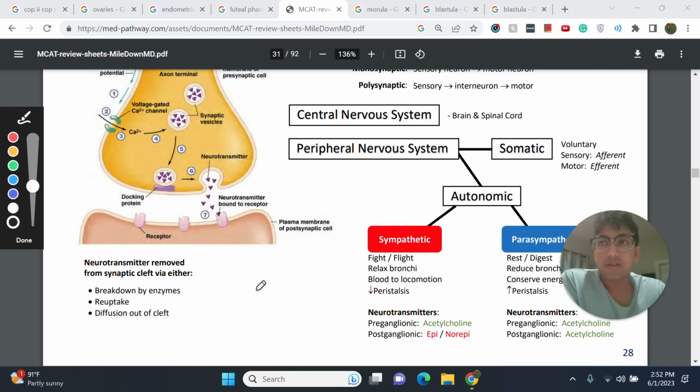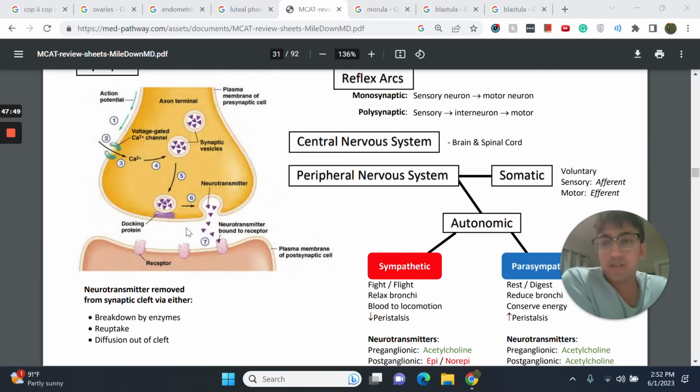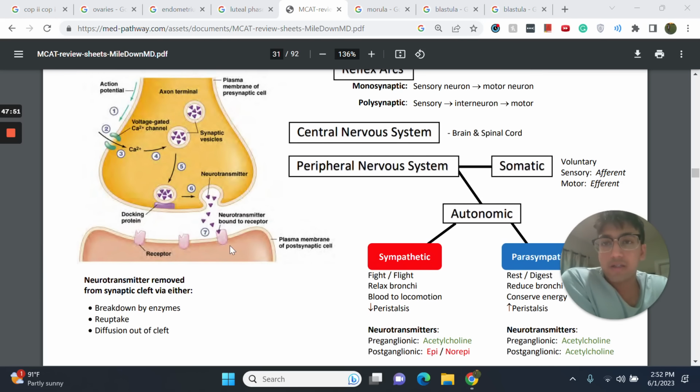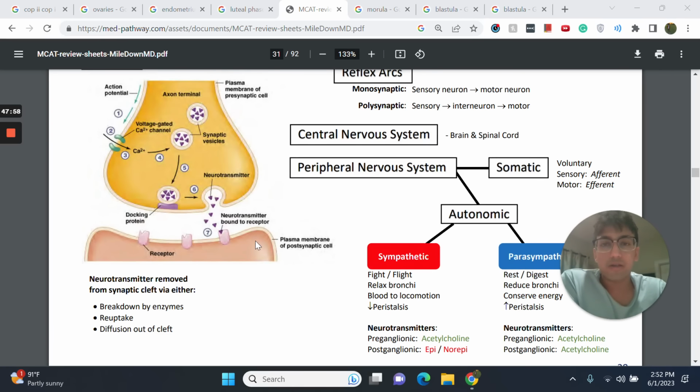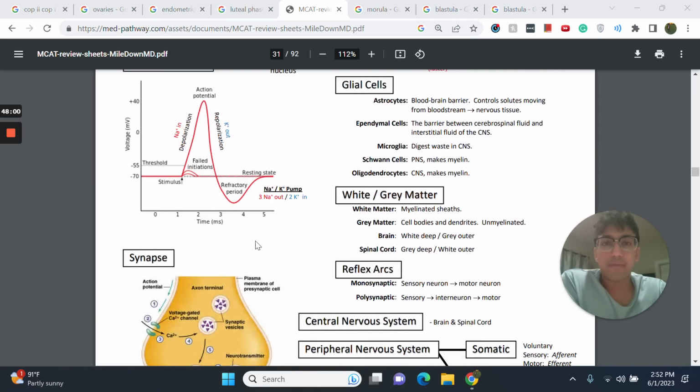So if you think about things like SSRIs, which are made for people who have depression, for serotonin to have more impact, that's one of the ways that we manipulate this process for SSRIs to work. And sometimes in the MCAT they'll give you a passage and ask you about a drug, and ask you, does that cause the neurotransmitter to have less impact on the postsynaptic cell? And so that's a way that you can think about it.